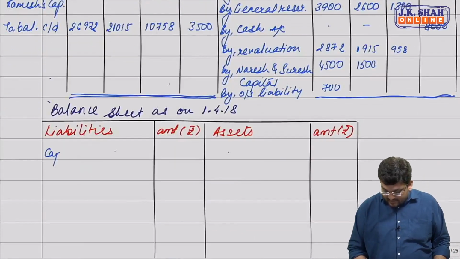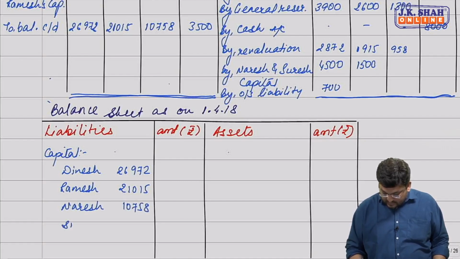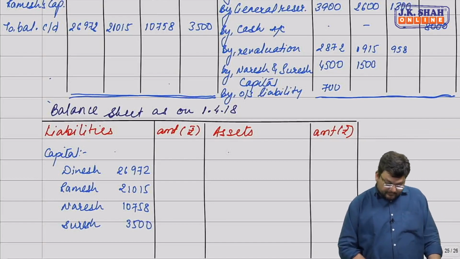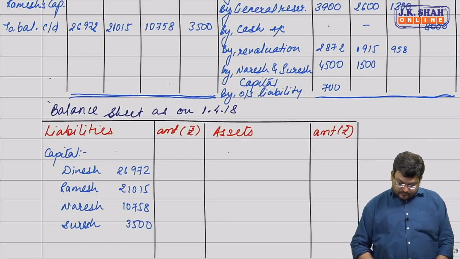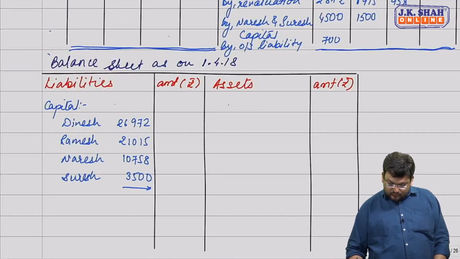So in balance sheet we'll show capital balance of Dinesh 26,975, Ramesh 21,015, Naresh 10,758, and Suresh's account shows a balance of 3,500. Total 62,245.